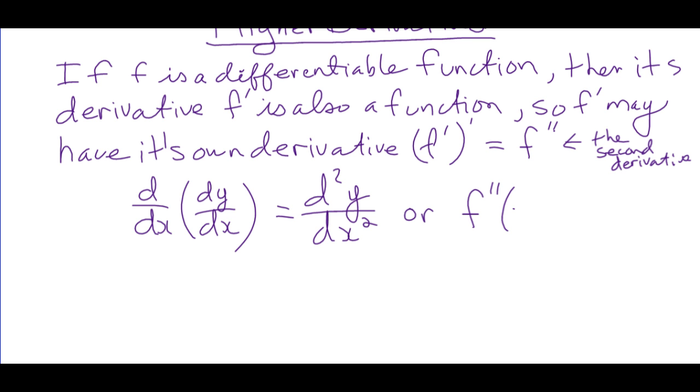Or we might see f double prime of x. And we might see it with the capital D notation, so d squared f of x. Not really squared, right? D2 f of x.